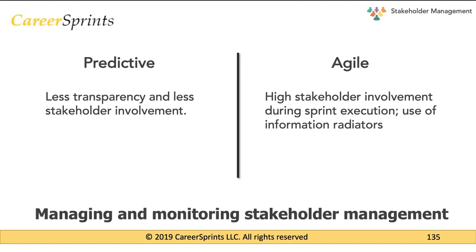Now, when we talk about managing and monitoring stakeholder engagement, this process is primarily about communication with stakeholders, addressing their issues, fostering stakeholder involvement, and bringing about changes to the engagement plan based on observations and feedback. Now, in an Agile world, this is done through high stakeholder involvement during sprint execution.